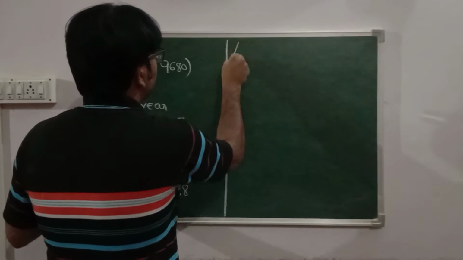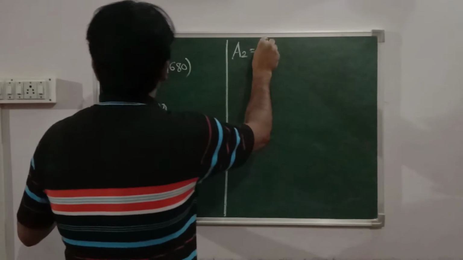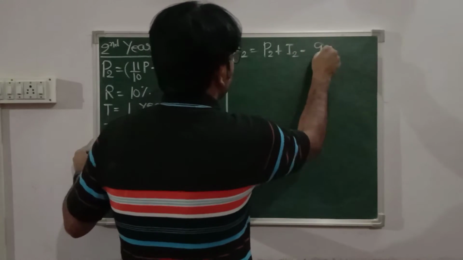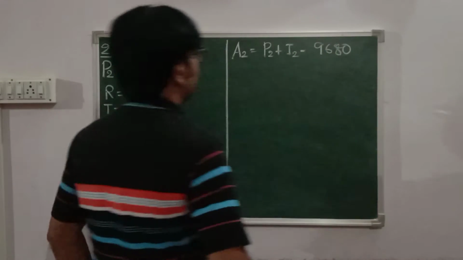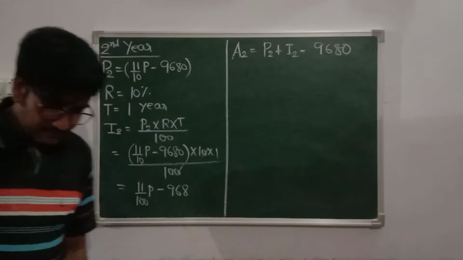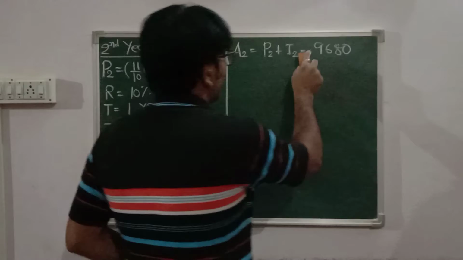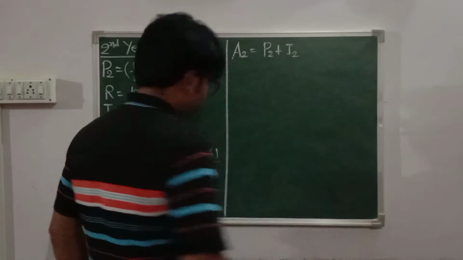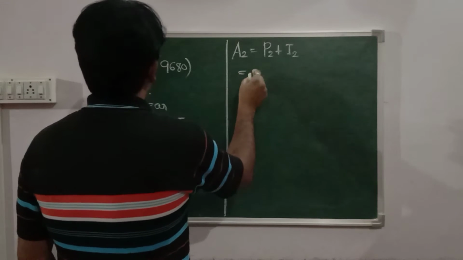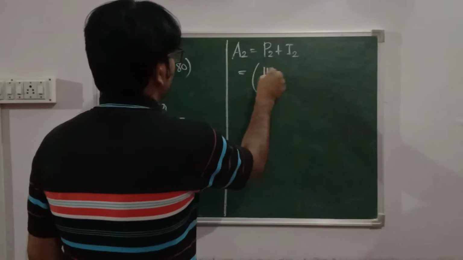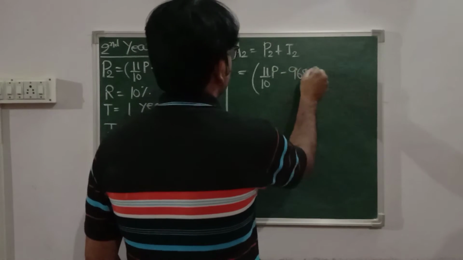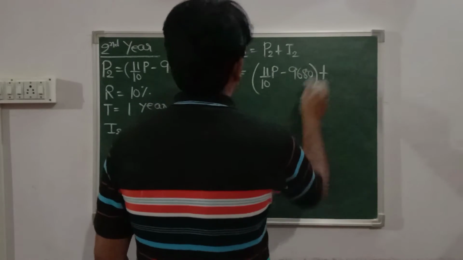Now what is the amount? Amount will be P2 plus I2. P2 is 11 by 10 P minus 9680, plus I2.